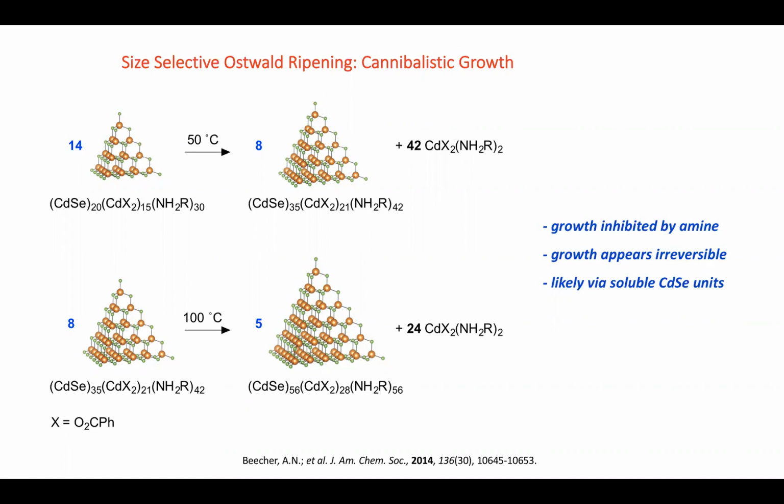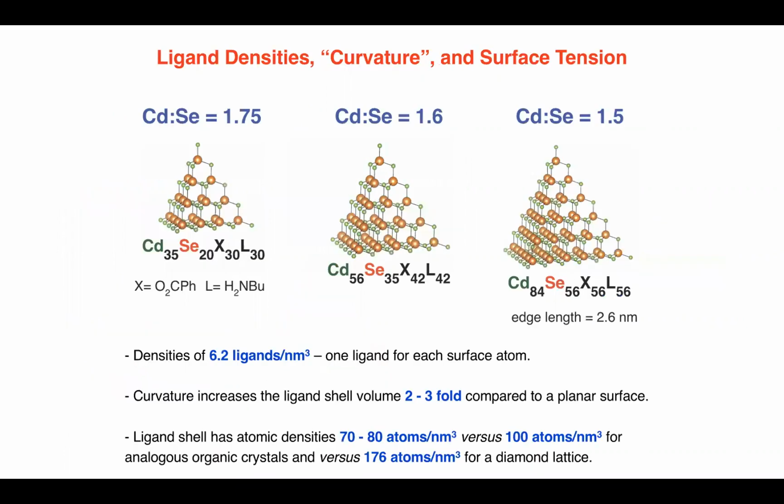So we'll talk about that in just a second here, or right now, actually. So here are these different pyramids that we've characterized well. We've also characterized the next largest size. And there's a couple of features of the formula that's really interesting. One is the stoichiometry.